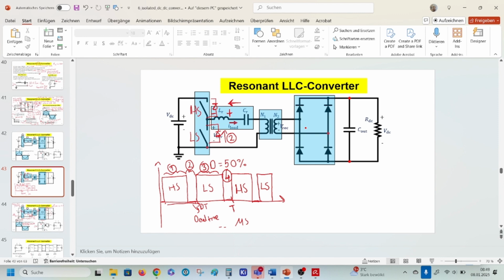And then I turn on again the lower side of the switch, and this is also off, and in this case the current flows back. Is it clear? Yes.